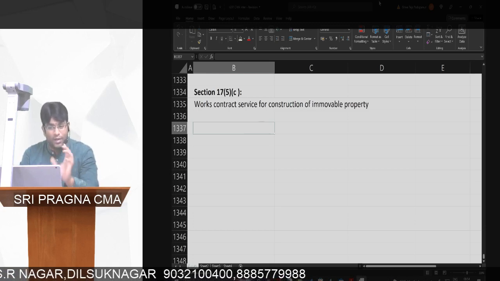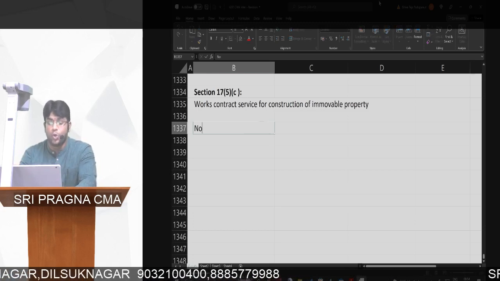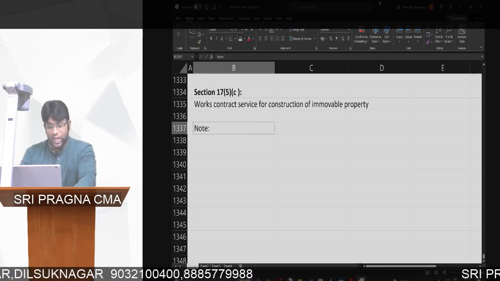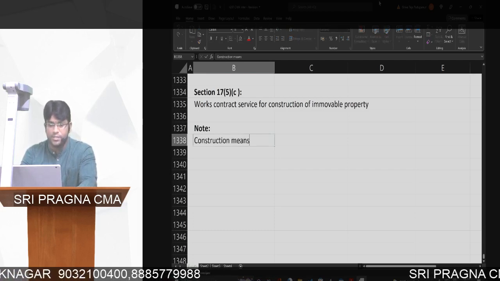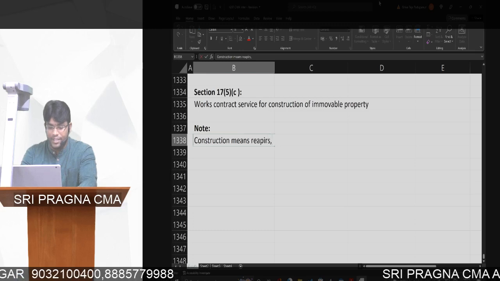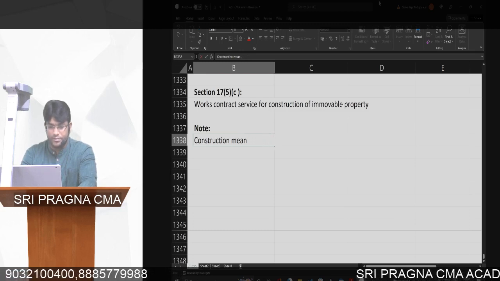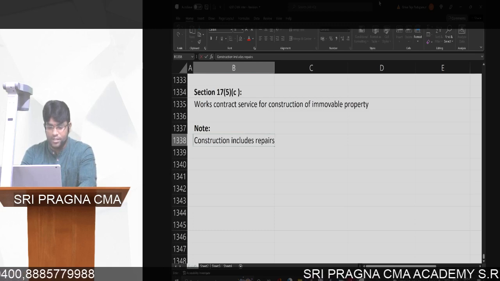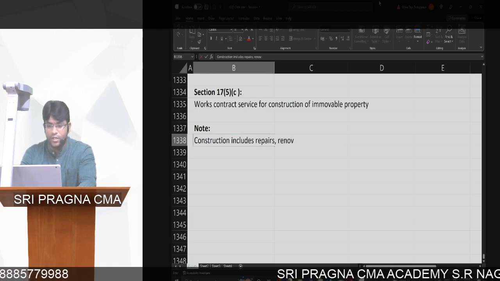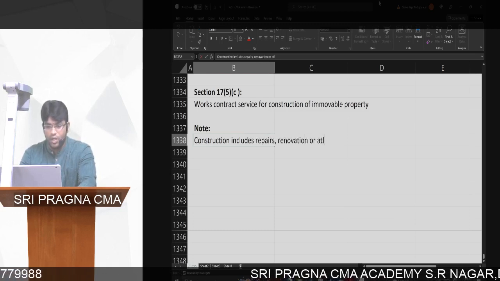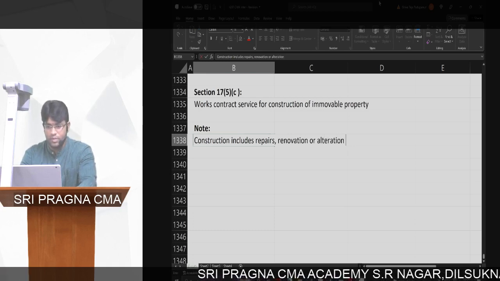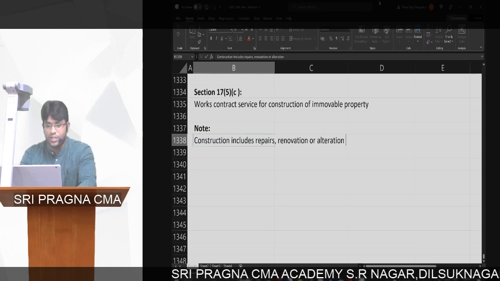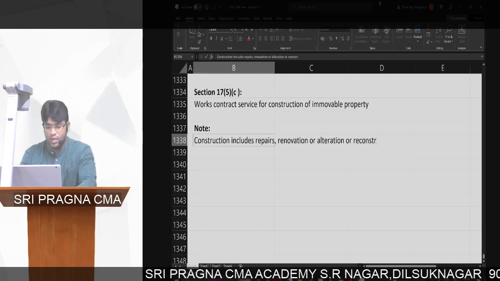Here one point is important, first note, very important, listen carefully. Construction means repairs, construction includes repairs, renovation or alteration or reconstruction. What is the line we wrote?